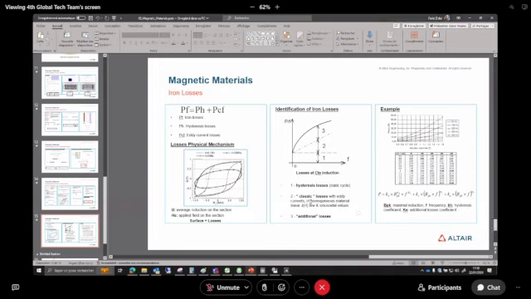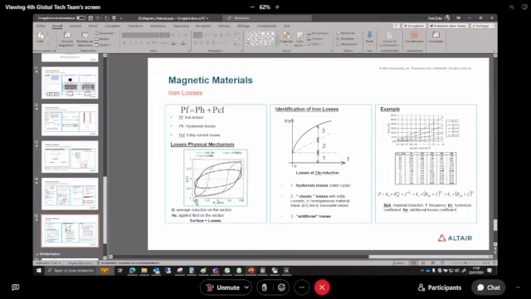And actually, depending on the frequency we have, the loop will be different. You can see here several loops at 0.1 hertz, 50 hertz, and 200 hertz. The 0.1 hertz one we can call a static hysteresis loop.